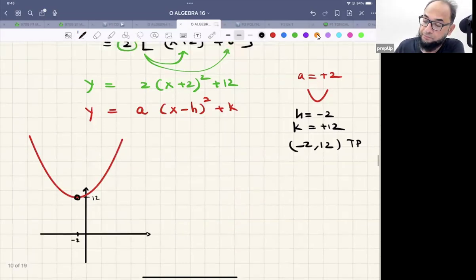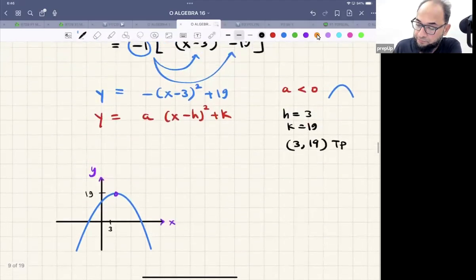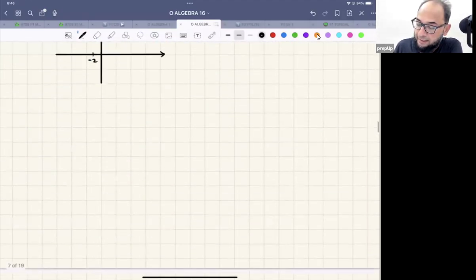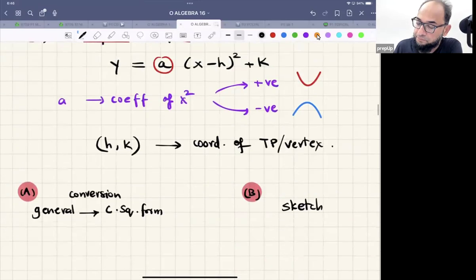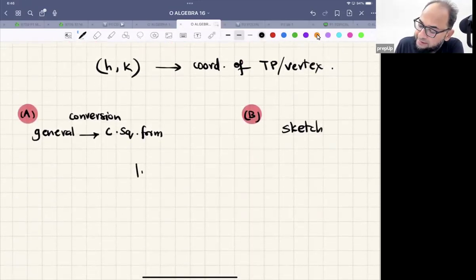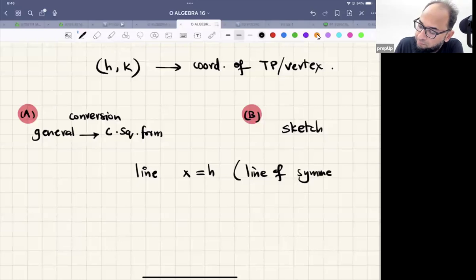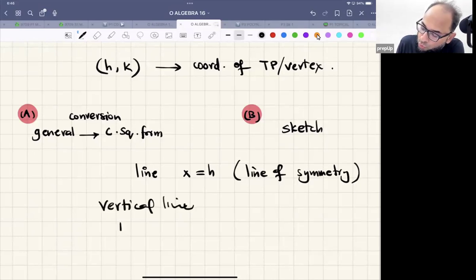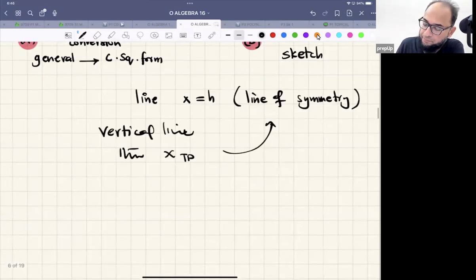And one more thing that I want to emphasize is that when we talk about the line x equals h, this is the line of symmetry. That means the vertical line through the x coordinate of the turning point is the line of symmetry.